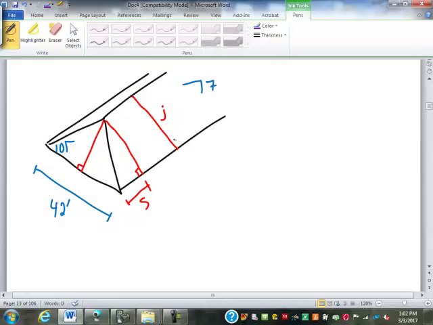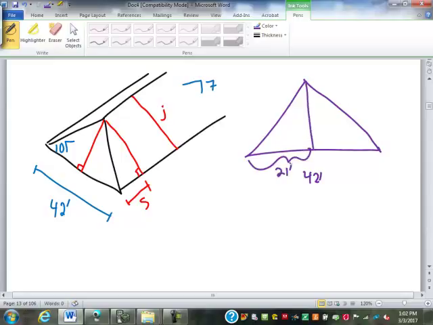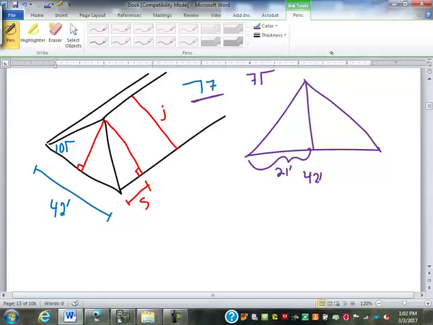You guys tell me how to find J. It's probably just a common, right? What do I know about it? Okay, it's 42-foot span, so half of it's 21. 7/12 slope, right? 10/12's on the hip roof side.